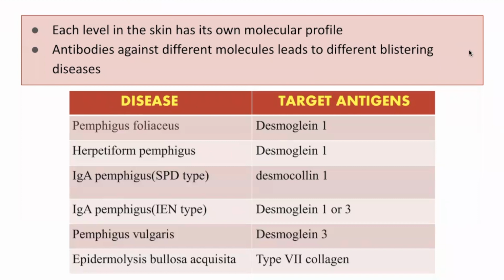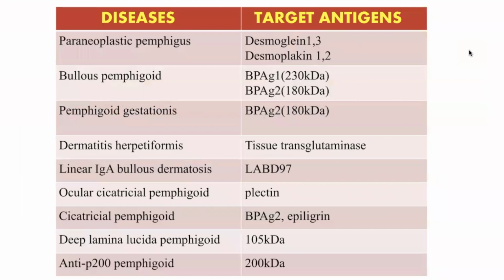There is pemphigus vulgaris, which targets desmoglein 3, whereas a subepidermal condition, such as epidermolysis bullosa acquisita, will target a deeper layer protein, such as type 7 collagen, which is in the subepidermal layer. The table continues here. We have a number of other pemphigus disorders, including paraneoplastic pemphigus, which can target desmoglein 1 and 3 and desmoplakin 1 and 2.